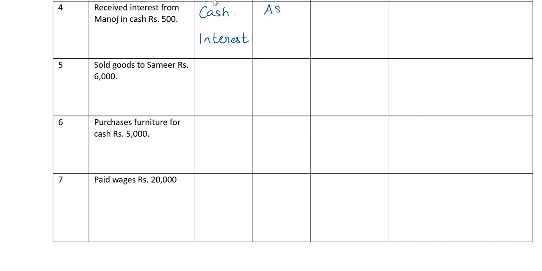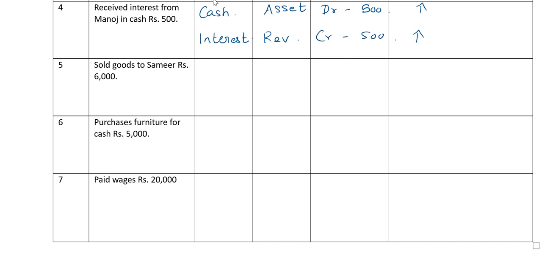Cash account is asset account. Interest account is revenue account. There's an increase in asset and there's an increase in revenue. So I will debit cash account with 500 rupees and I will credit interest account with 500 rupees.